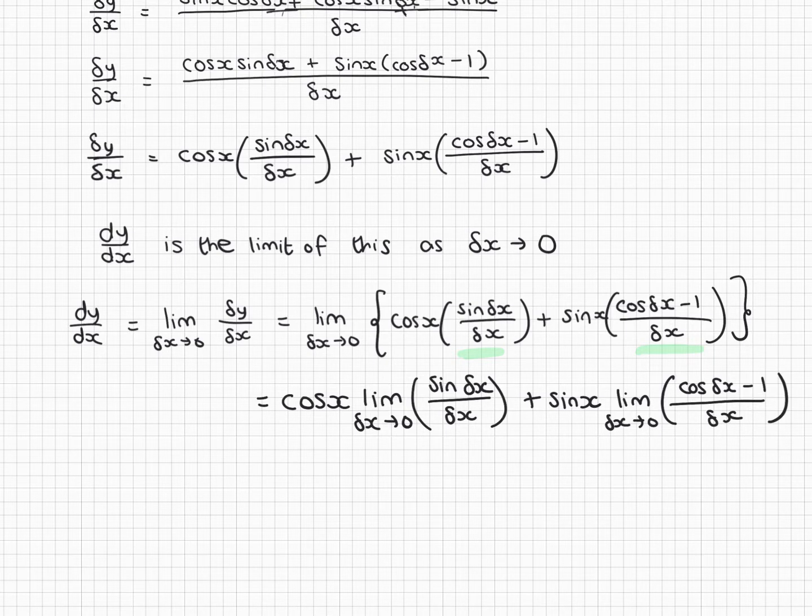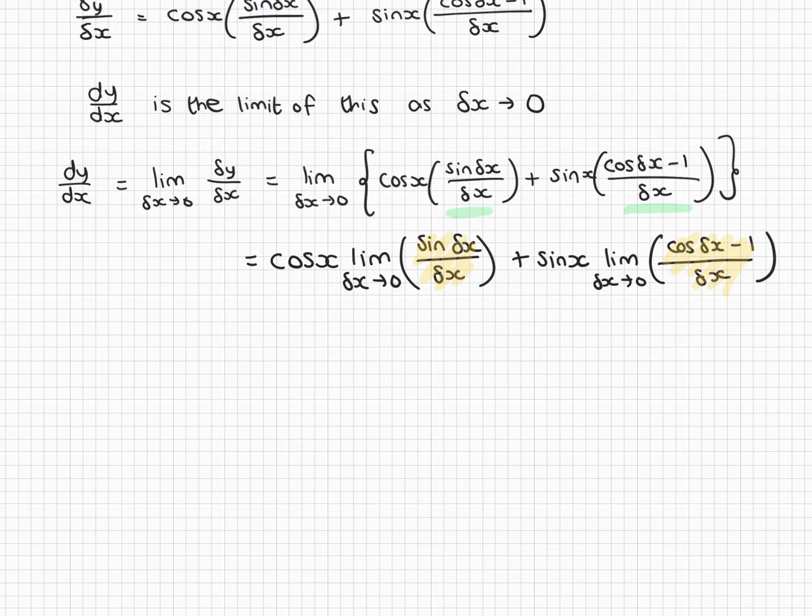And what we now want to know is what happens to these brackets as our delta x gets smaller and smaller. Now, you may or may not remember from the trig chapter, you had some small angle approximations.